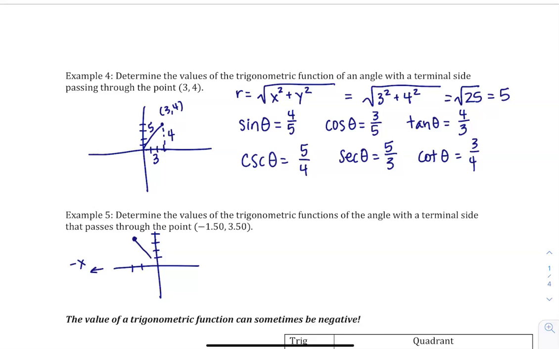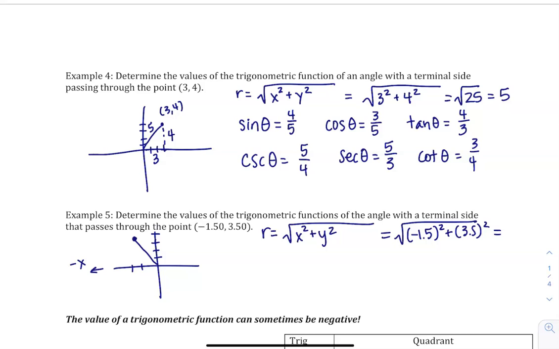Well, I need to get my r. In order to do that, my r is going to be the square root of x squared plus y squared. And in this case, my x is negative 1.5 squared plus 3.5 squared. Now be super careful here. You absolutely have to do that negative 1.5 in parentheses. If you don't, the calculator will not treat that as a negative number that is squared.